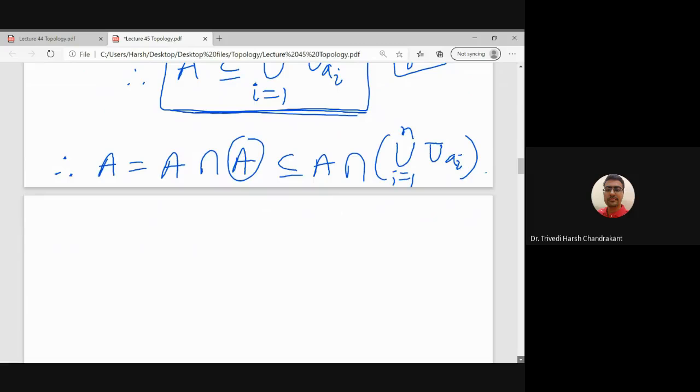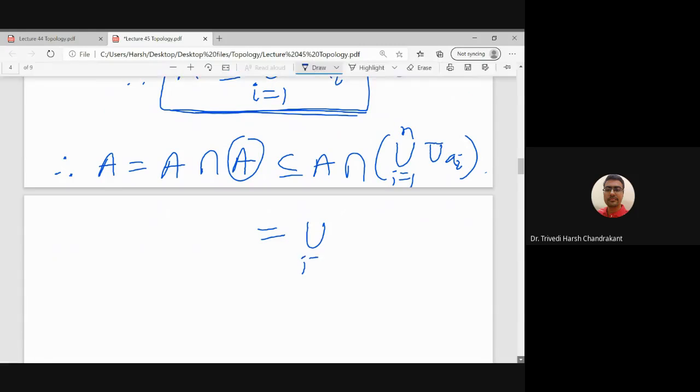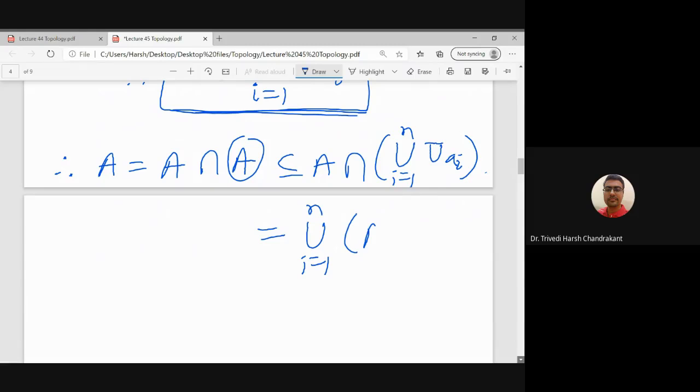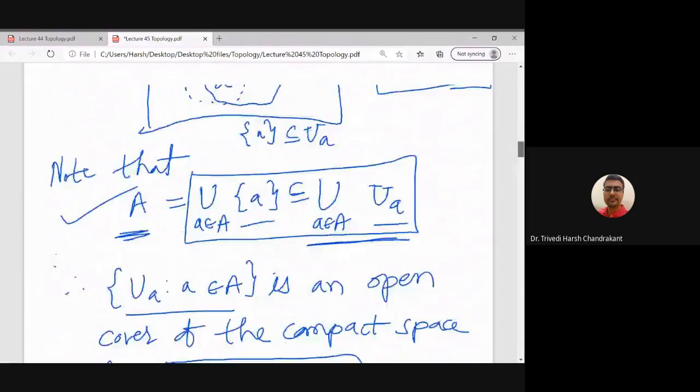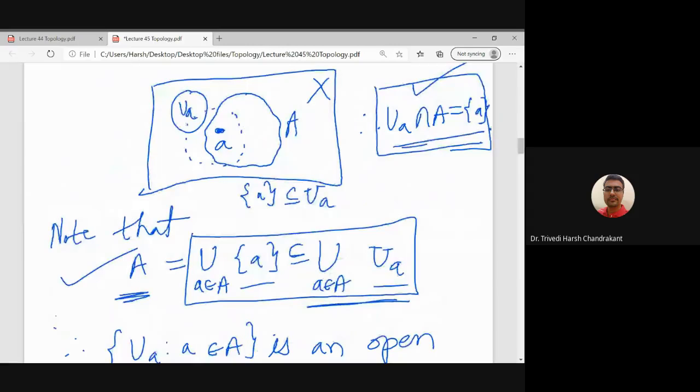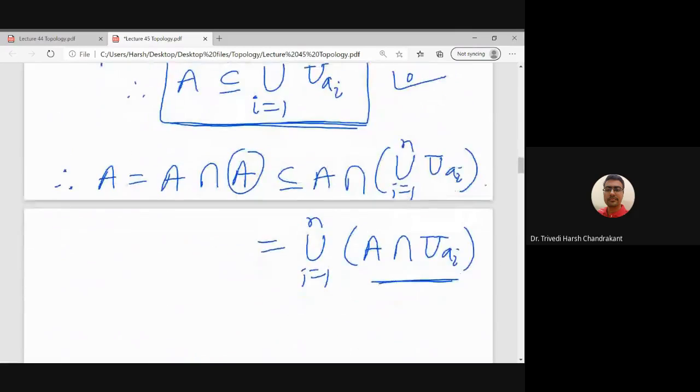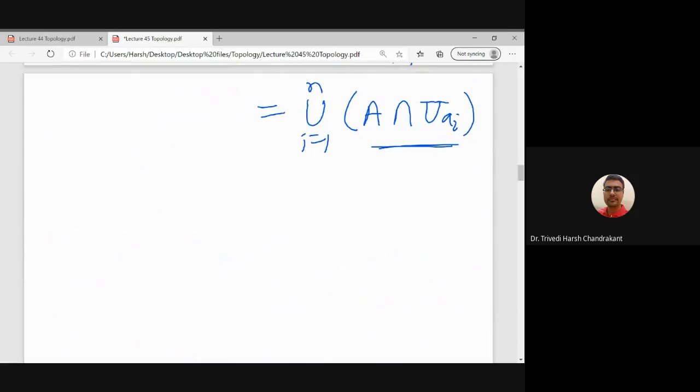Then we use distributivity, so we get the union i running from 1 to n of A intersection U_{a_i}. Now we use that computation: this set is nothing but singleton a_i. So here we get, instead of a, a_i: U_{a_i} intersection A is singleton a_i.